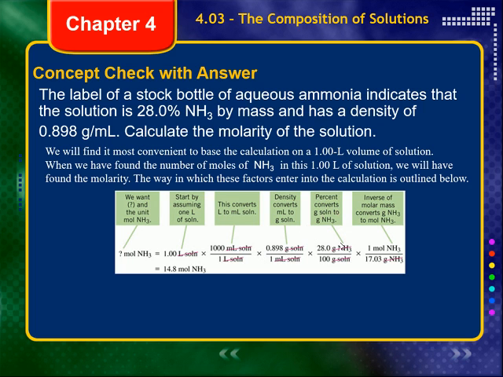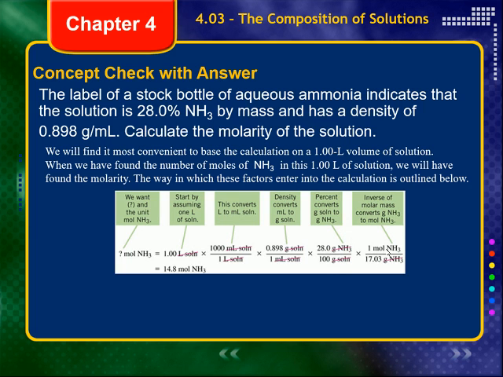Then we take the mass of ammonia. Again, that is 28.0 grams per 100 grams of the solution. Yeah, that's 28%. But what it allows us to do is go from grams of solution into grams of ammonia, because that's what the question needs. We need molarity, but in order to have molarity, we need the moles of ammonia.